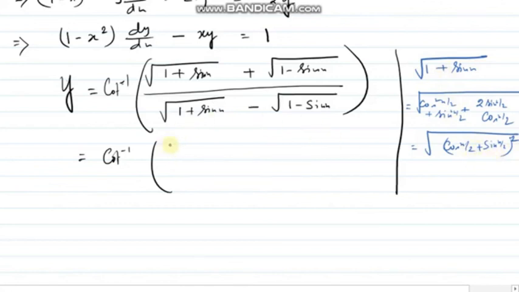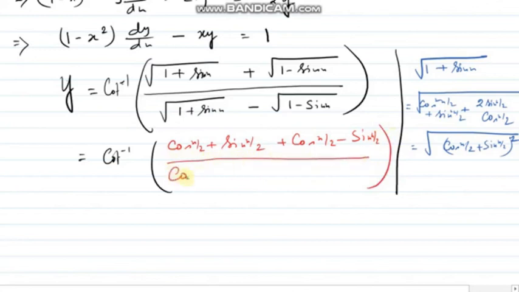So now the numerator will be cos x by 2 plus sin x by 2 plus cos x by 2 minus sin x by 2, right? And the denominator will be cos x by 2 plus sin x by 2 minus cos x by 2 plus sin x by 2.